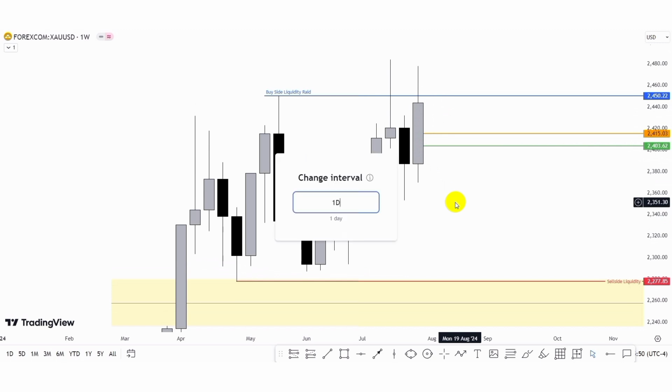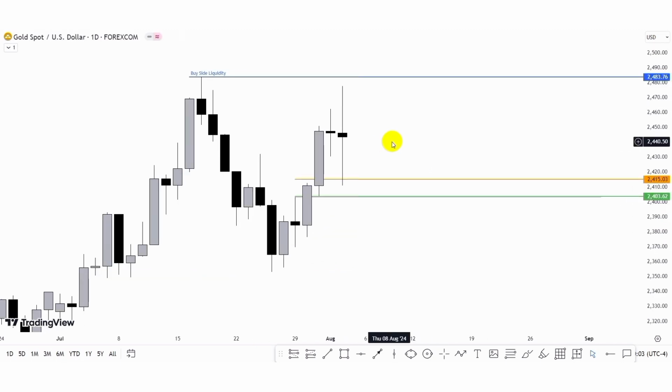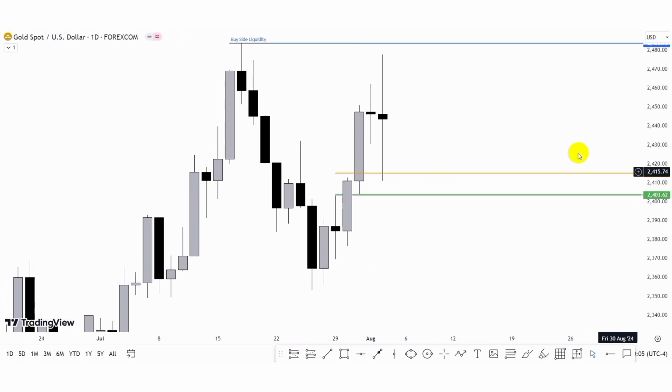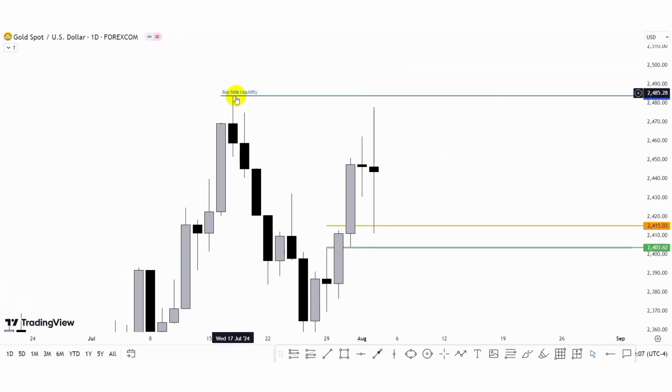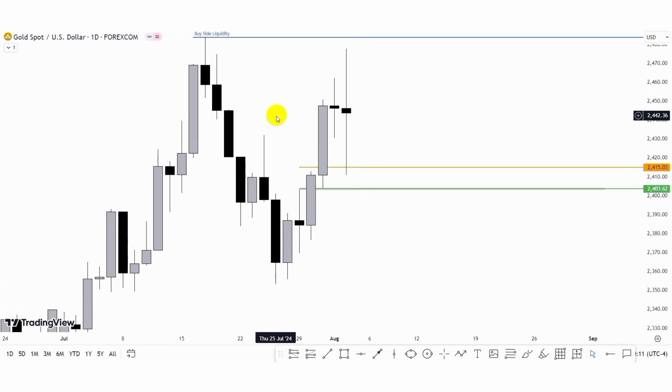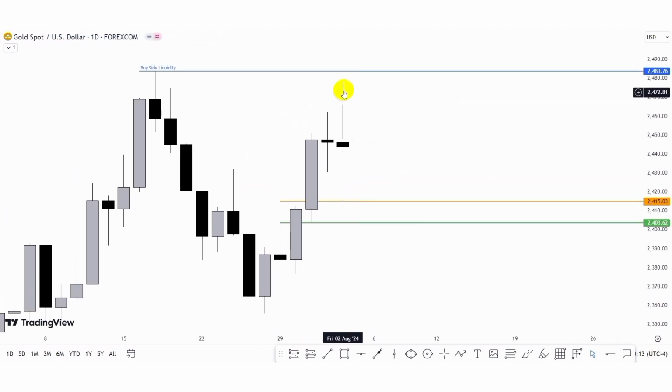So let's drop to the daily time frame. So here we are in the daily time frame. We're expecting to see price raid this buy side liquidity. First we must understand that last week, in this Friday candle, price gave us an indecision candlestick.